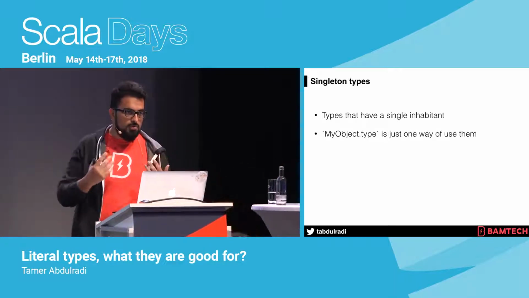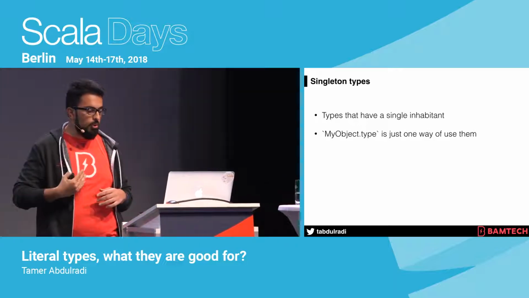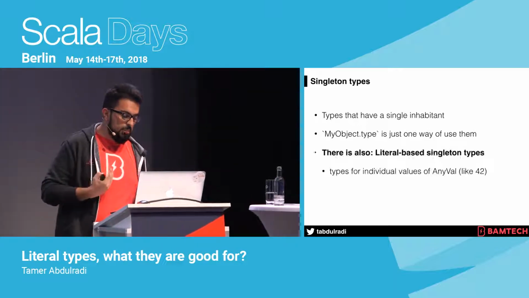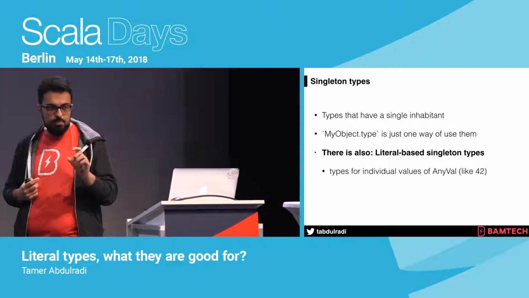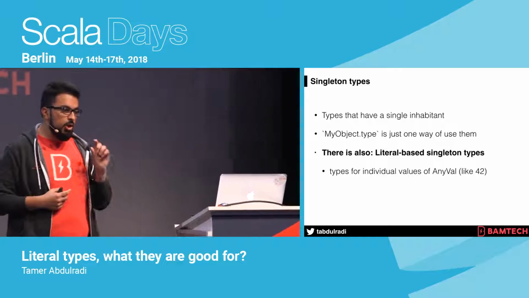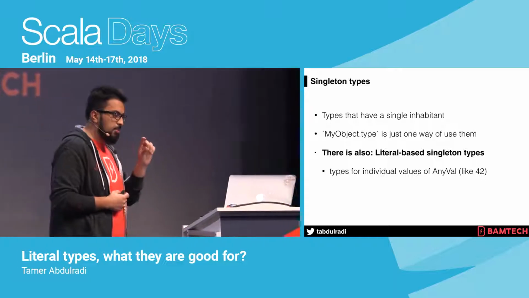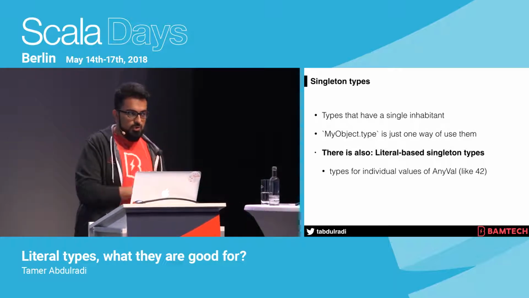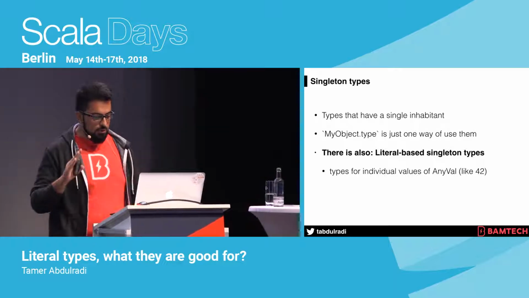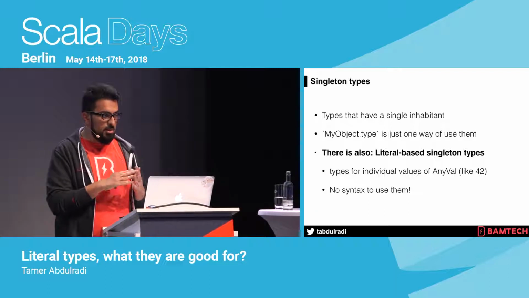This is just one form of singleton type. There are other forms of singleton types that the compiler is capable of representing. For example, the number 42. The type system is also capable of having a type representation for this value, even before 2.13. However, before 2.13, there was no syntax to use it.